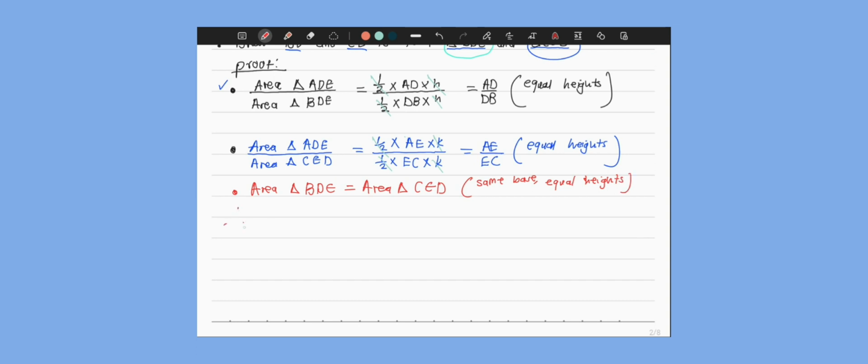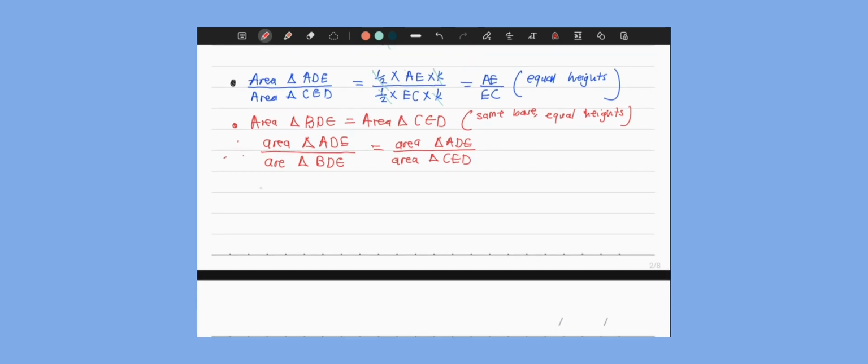So therefore, as a result, we can say the area of our triangle ADE divided by the area of triangle BDE is equal to the area of triangle ADE divided by the area of triangle CED.